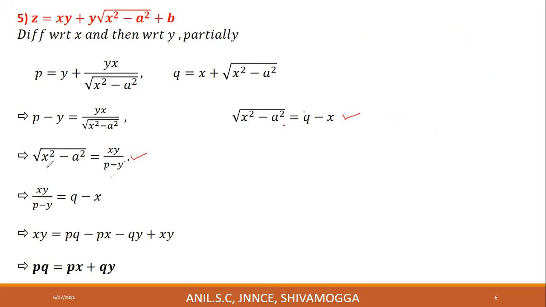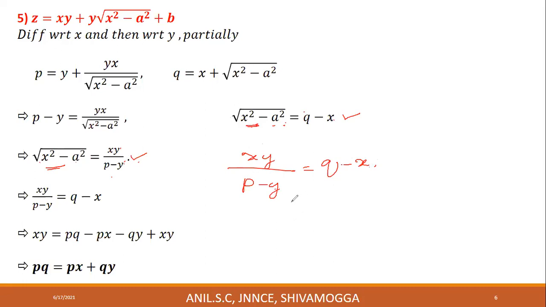Or you can think like this: LHS of both the equations are same, square root of x square minus a square. Since LHS are same, we can equate RHS. That means xy divided by p minus y is equal to q minus x.